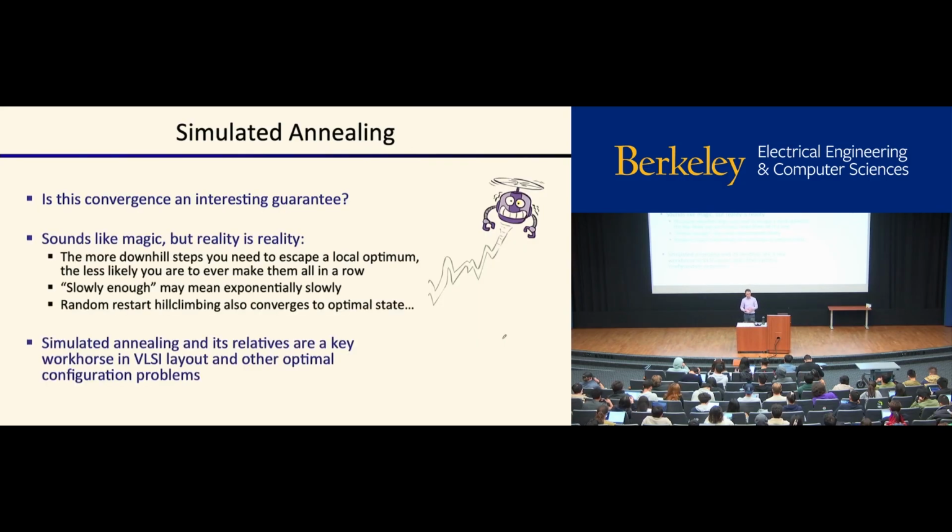And if it sounds like magic, it might be too good to be true. So it's going to require more downhill steps in a row if you need to escape a local optimum. And the more downhill steps, the less likely you're ever to make them all in a row. So slowly enough might be exponentially slowly. But I will say that this is still an algorithm that people use to design VLSI circuits.